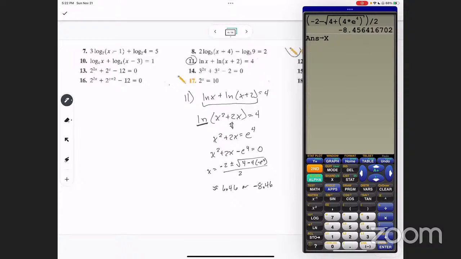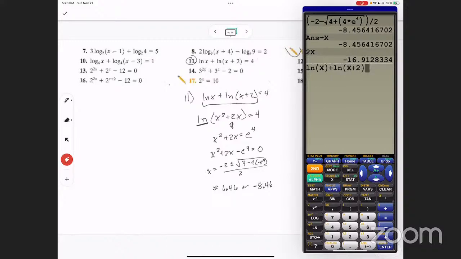I'm storing that answer for X. So every time I type an X in, it's going to substitute that in. Got it? Yeah. So now if I just type in ln, I'm literally typing number 11 on that left side, ln of X plus ln of X plus 2.